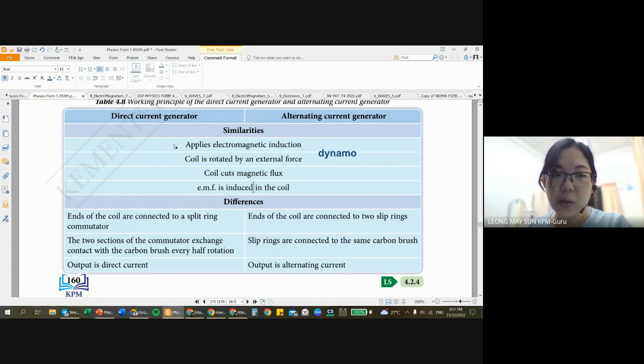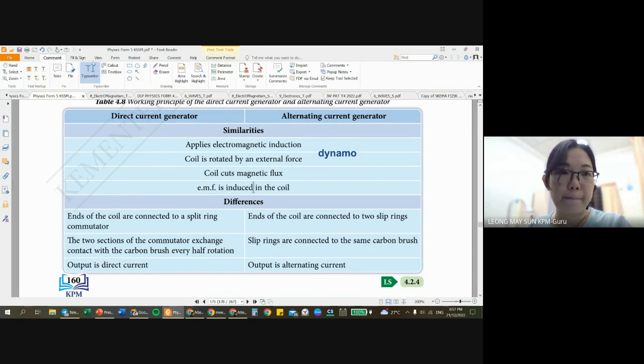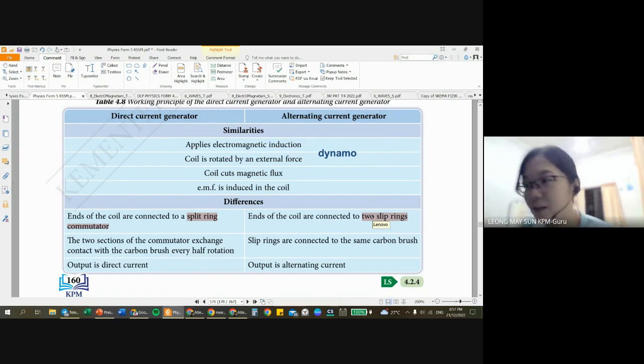The difference between a direct current generator and an alternating current generator is that in a direct current generator, the ends of the coil are connected to a split ring commutator. But for alternating current, it's two slip rings. So from now onwards, you will hear Puan Leong saying commutator only. I'm not going to say split ring because it's going to twist my tongue whenever I talk about direct current and alternating current.